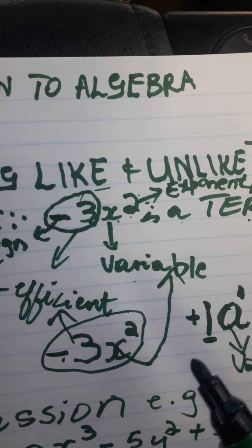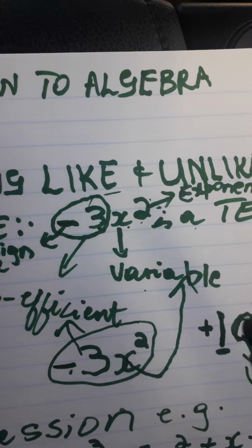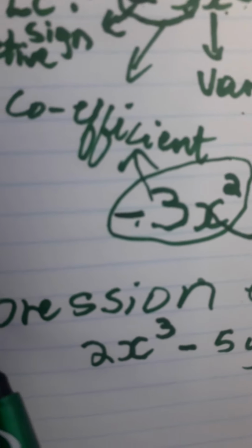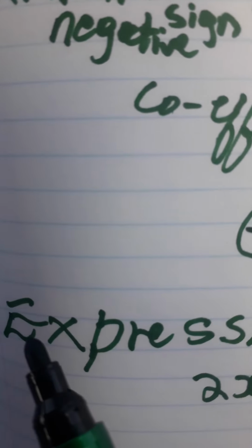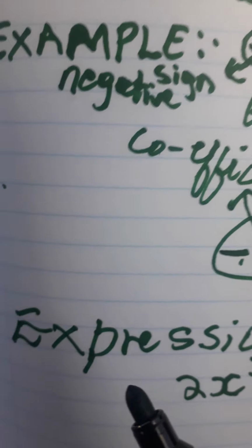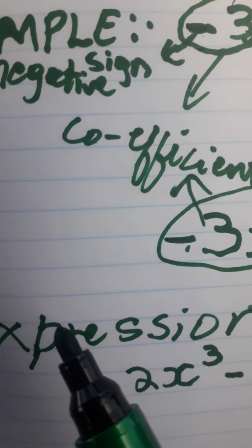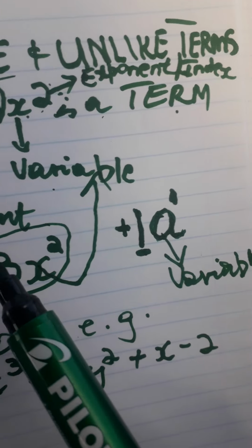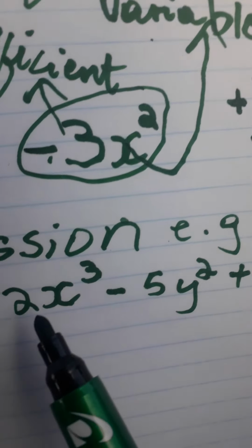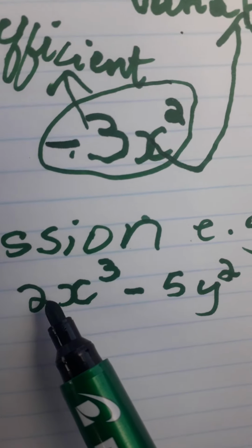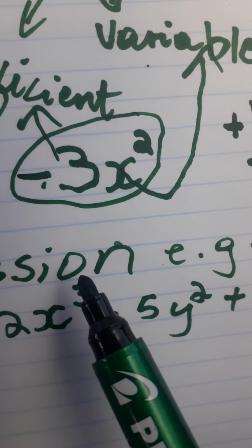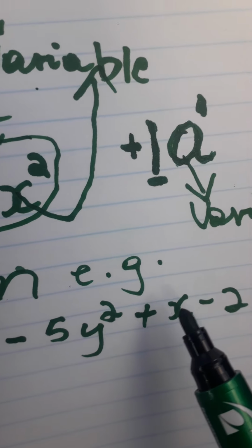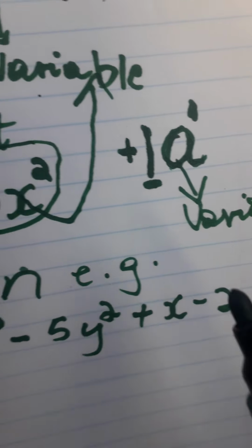Then when a number of terms are put together, they form what we call an expression, an algebraic expression in algebra. Many terms are joined together. Like for instance, we have this expression: 2x cubed minus 5y squared plus x minus 2.